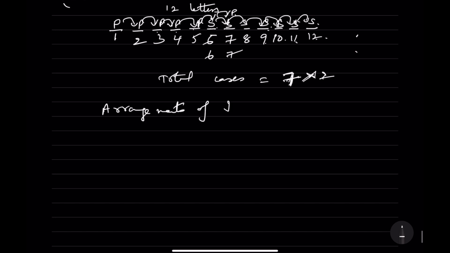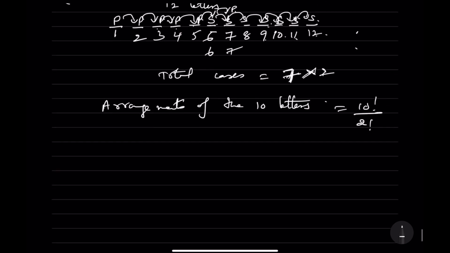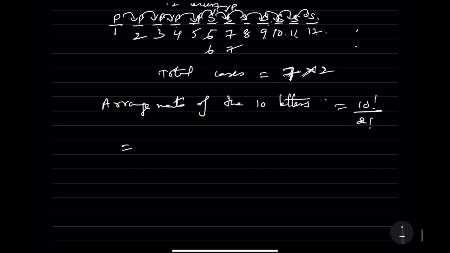So therefore, the remaining 10 letters can be arranged in what way? 10 factorial by 2 factorial, because here T is repeated 2 times. So therefore you can write this as 10 factorial by 2 factorial into 14. Which is equal to, 2 factorial means 2 ones are 2, 2 sevens are 14. So 10 factorial into 7.